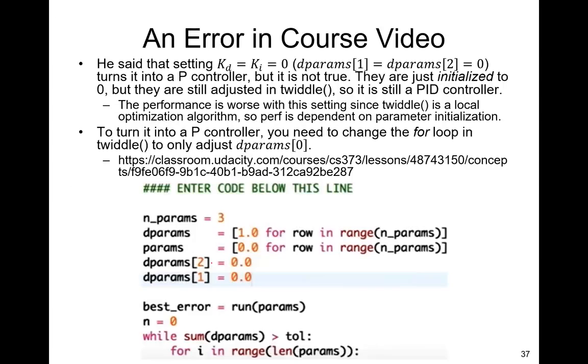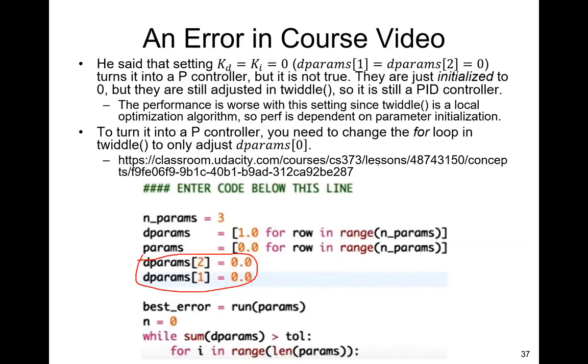So in the course video, there is an error. If you watch the video at this link, he said that if you set these two parameters, say KD and KI, equal to 0, this goes into a P controller. But it's not true because they're initialized to 0 here, and then afterwards in twiddle, they're adjusted. So they may be incremented or decremented to be non-zero.